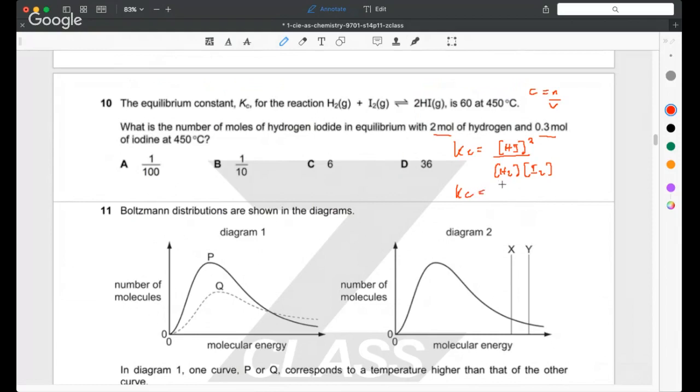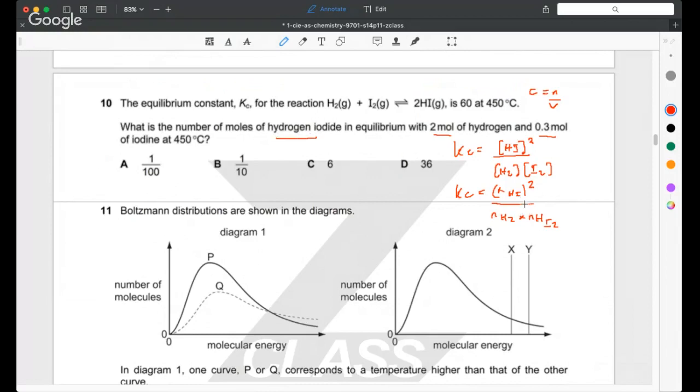And you can then say the equilibrium constant is the number of moles of hydrogen iodide squared divided by the number of moles of hydrogen times the number of moles of iodine, I2, isn't it? But we're trying to find the number of moles of hydrogen iodide.